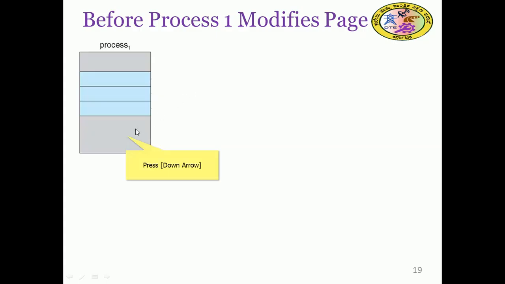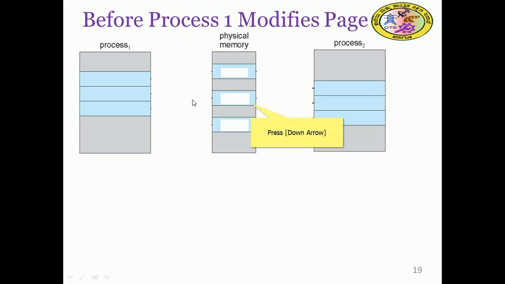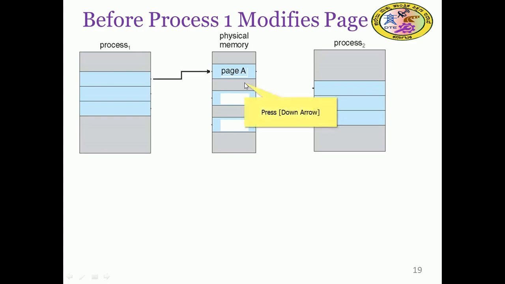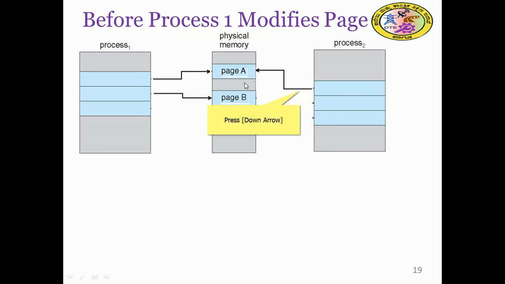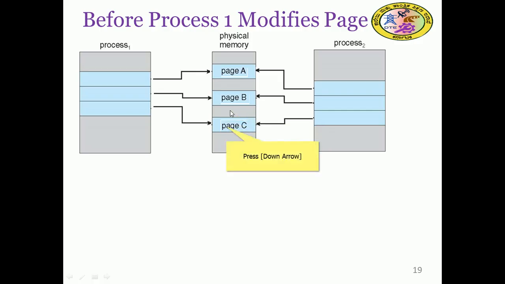Before process 1 modifies the pages, let's say there is process 1 and process 2 with shared pages in physical memory. Page A is shared by both processes, page B is shared by both, and page C is shared by both. This is before modifying the pages.